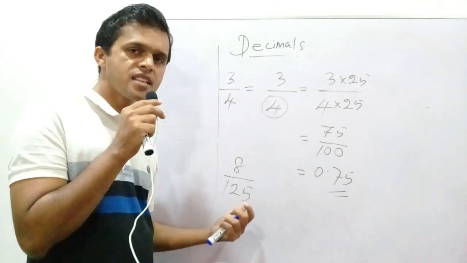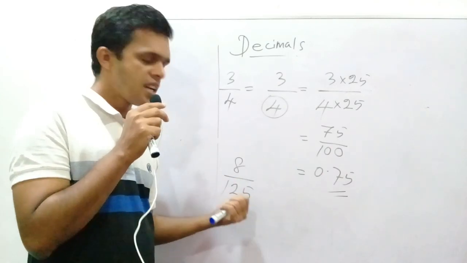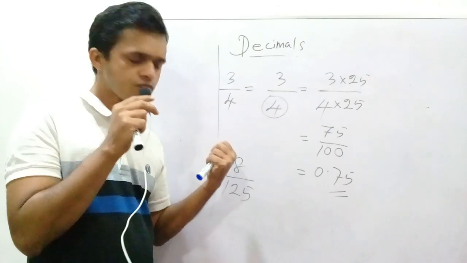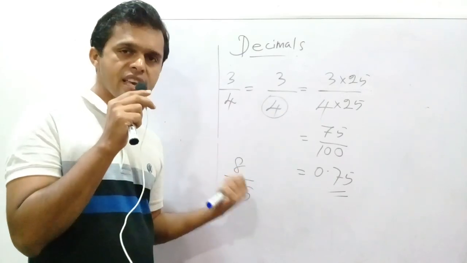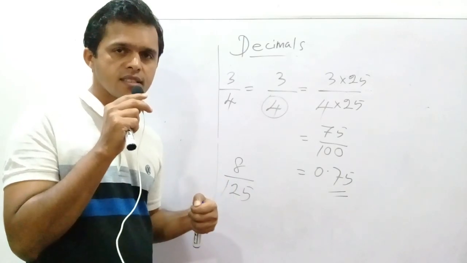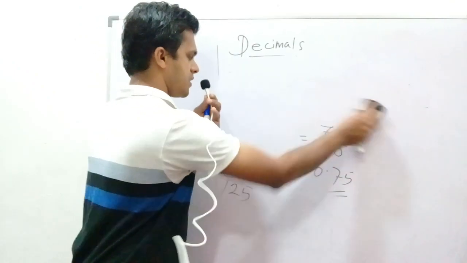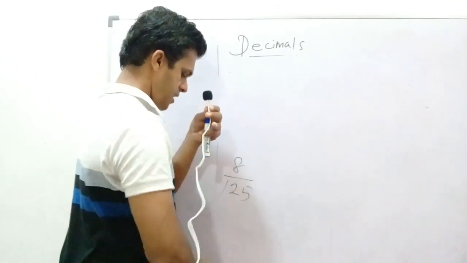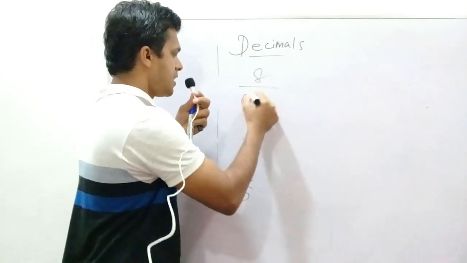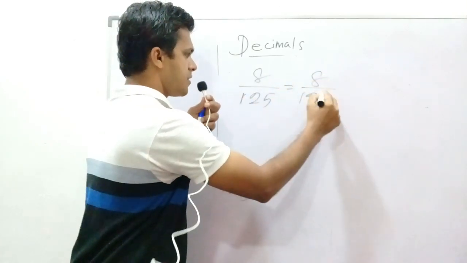What is the digit to be multiplied to get 1000 in the denominator? 8 over 125. Think of it.